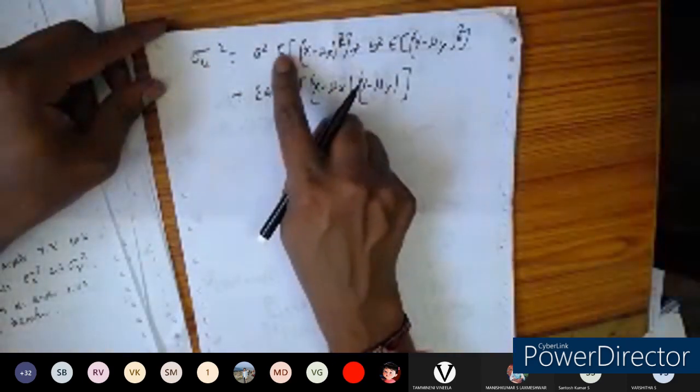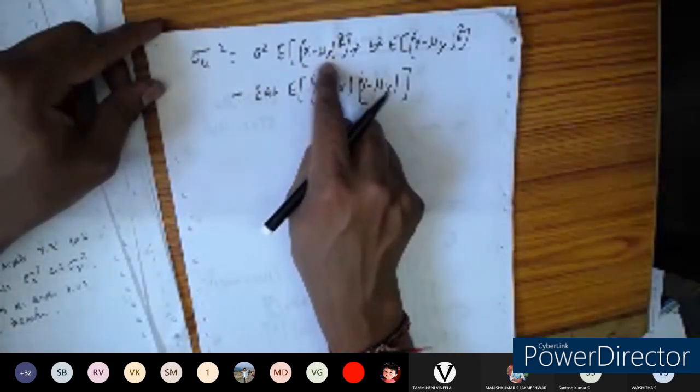Now we have seen from the first module that the expectation of x minus mu x square is nothing but the variance of x.